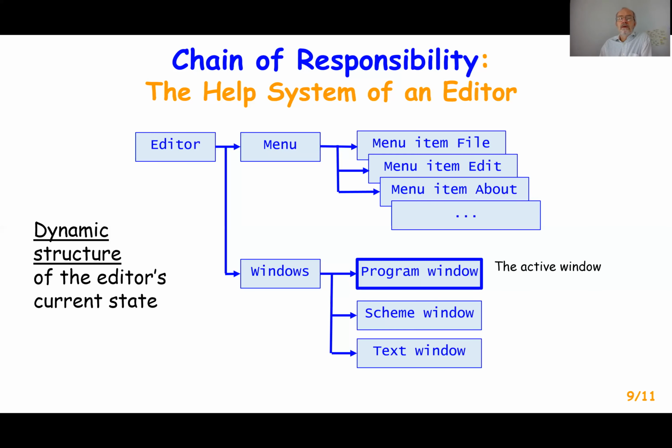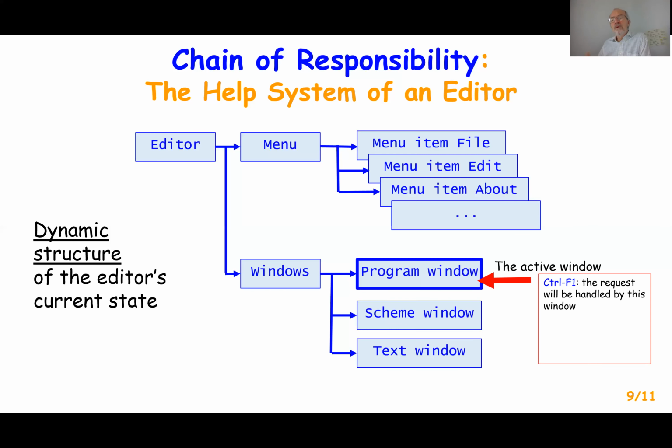Okay, so suppose the request came to the active window, because this window is active, and the user presses the Ctrl F1 combination. Then this request comes to the program window.